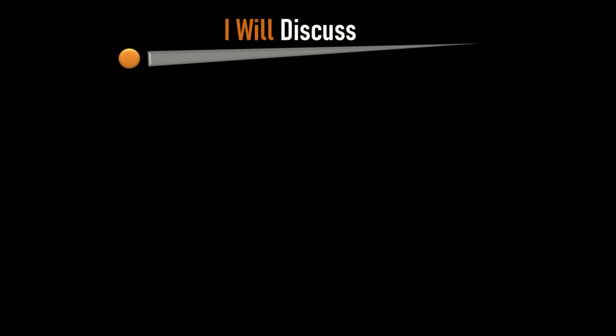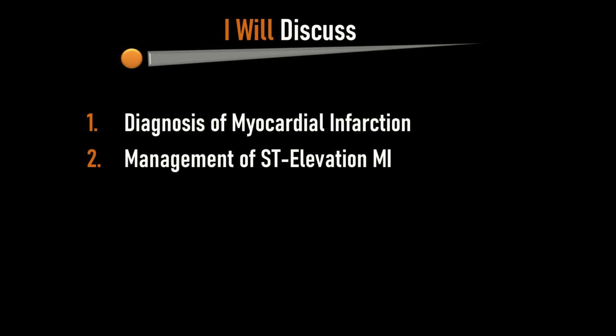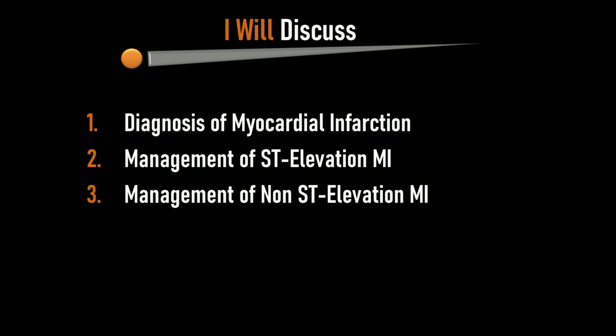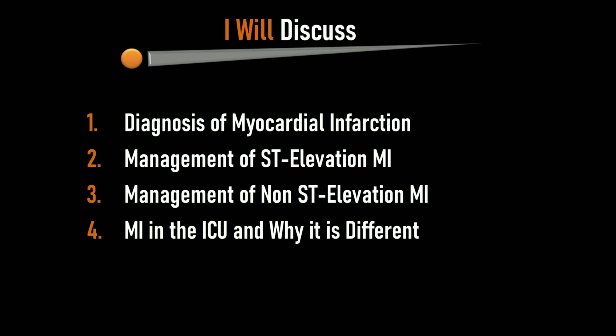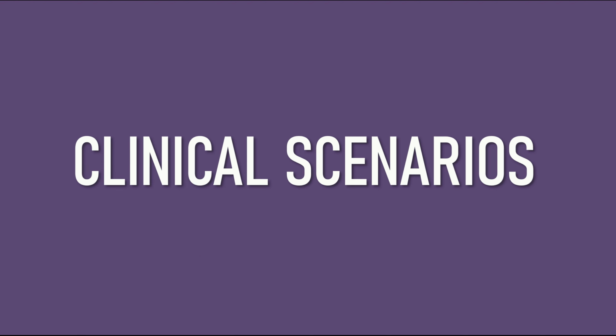In this tutorial, I will discuss the diagnosis of myocardial infarction, the management of an ST segment elevation MI, the management of a non-ST segment elevation MI, and myocardial infarction in the ICU and why it's different.